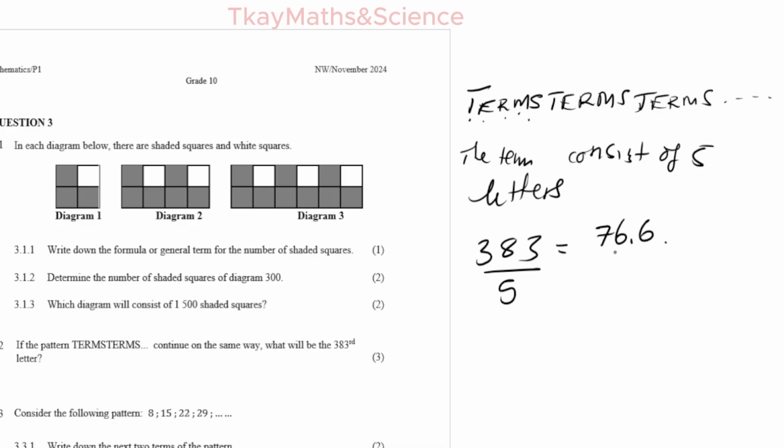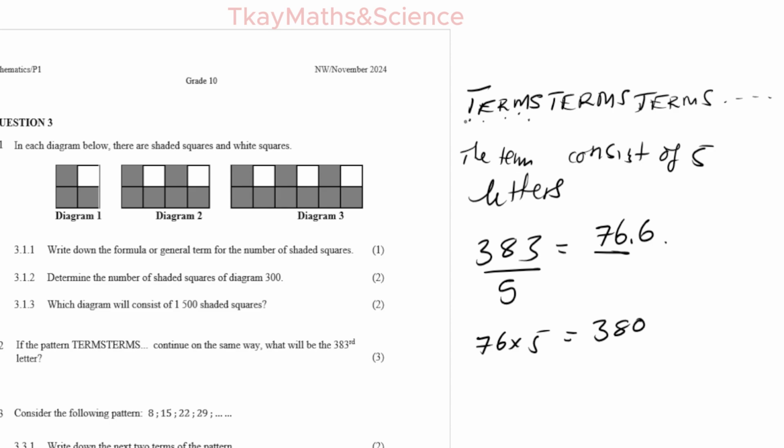So the whole number is 76. Now let's look at 76 times 5. We want to see when the terms will continue repeating but fulfilling all the letters here. 76 times 5 is 380.